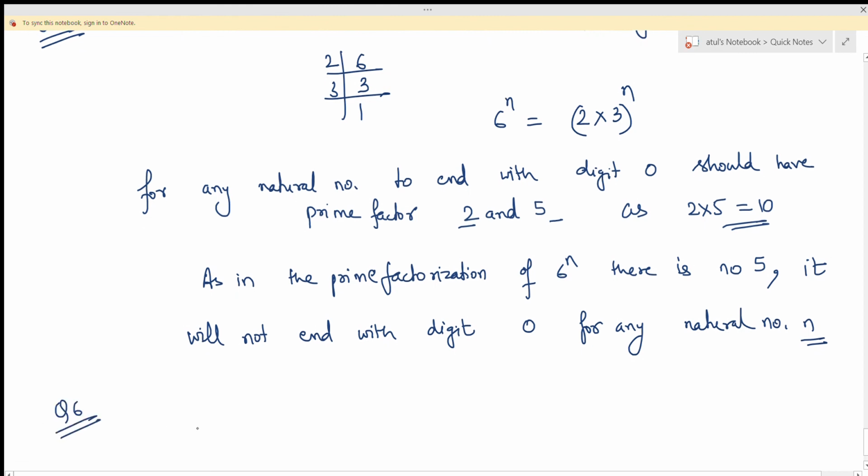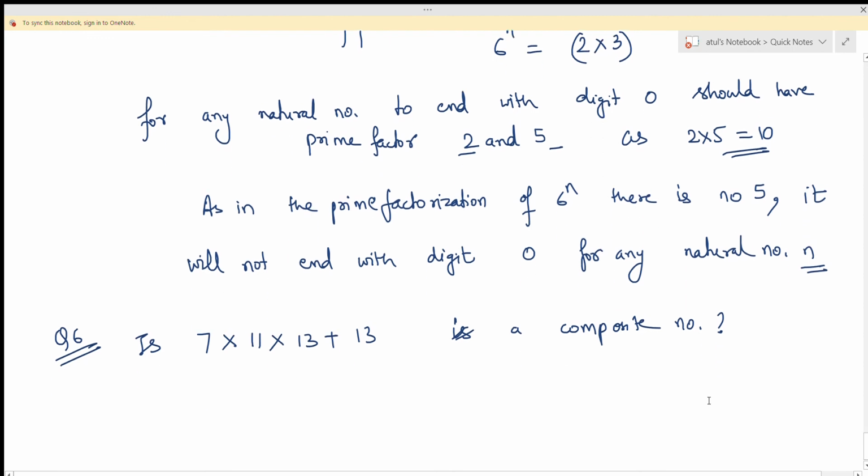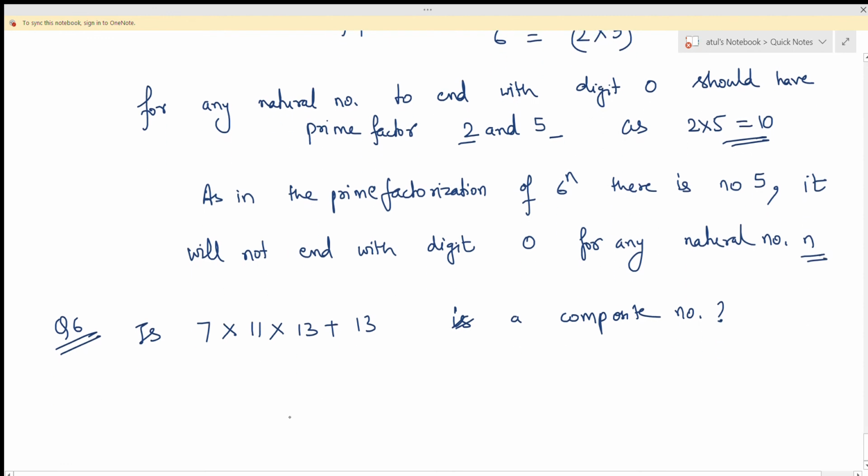Now let us take the next question, question number 6. You have to check whether 7 into 11 into 13 plus 13 is a composite number or not. So what is a composite number? A composite number has more than 2 factors.